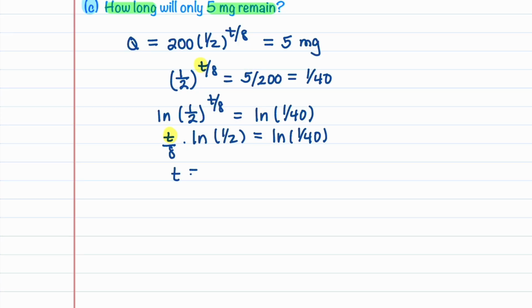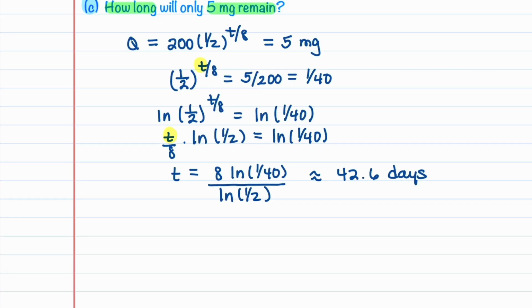So we get t is equal to 8 natural log of 1 over 40, all divided by natural log of 1/2. When I put this into the calculator, I get that this is approximately 42.6 days. So in 42.6 days, there will be 5 milligrams of iodine 131.